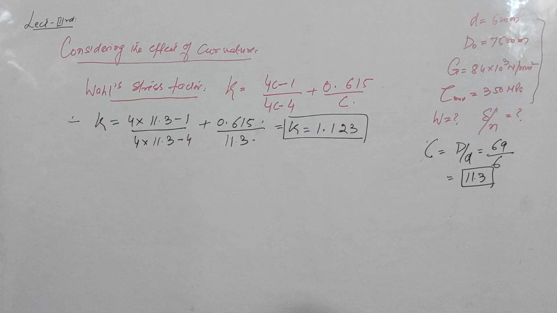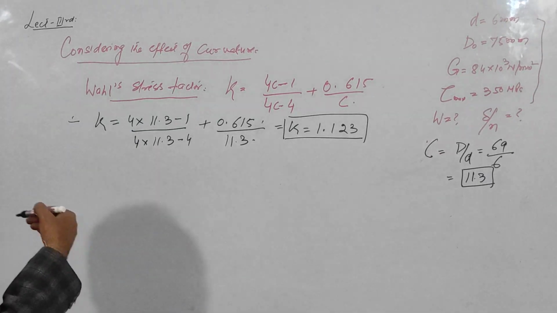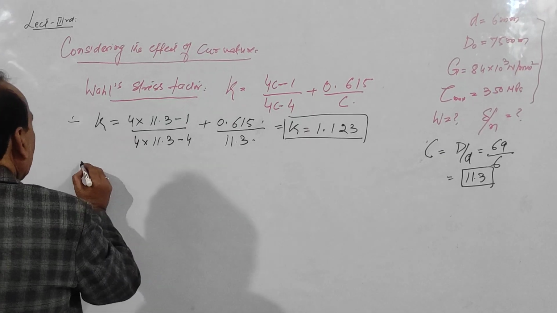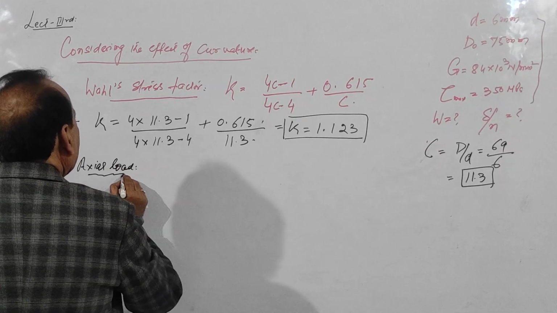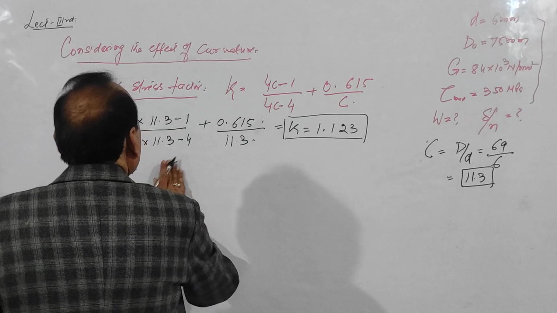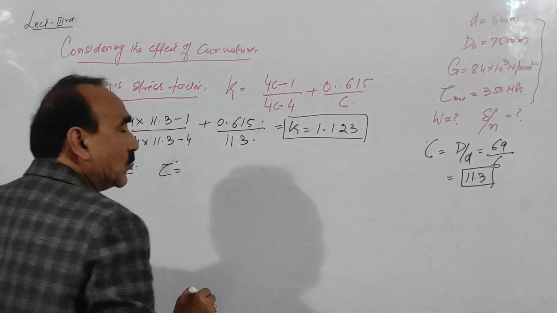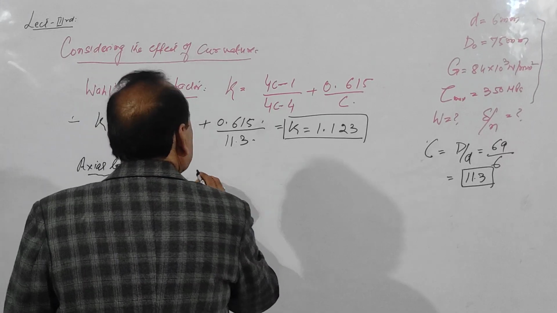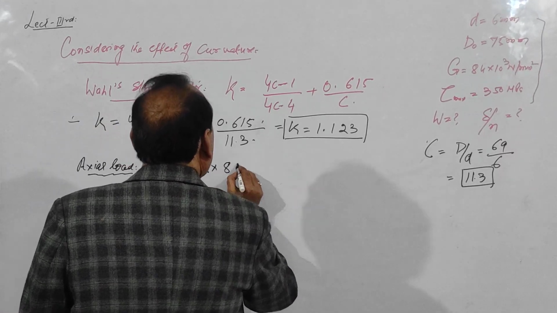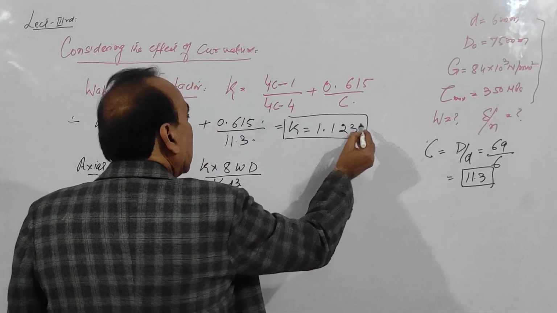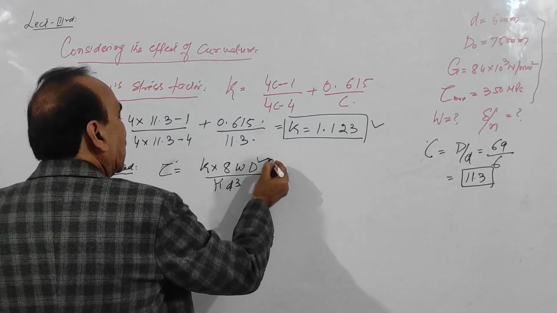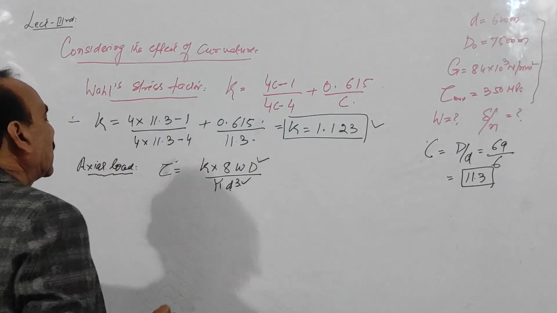Now the rest everything is the same. What you have to do is use this formula first to calculate the axial load. So how will you calculate the axial load? The formula is tau is equal to K into 8WD by pi d cube. So you have calculated the value of K, the rest of the values of D and d are with you, and you can calculate the axial load.